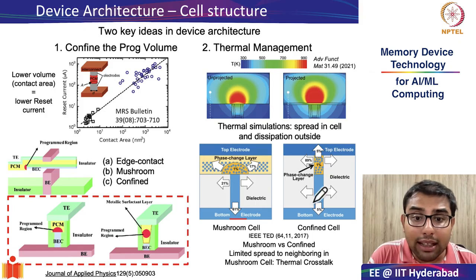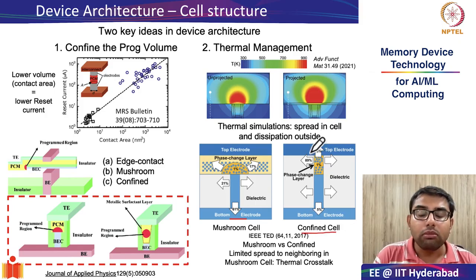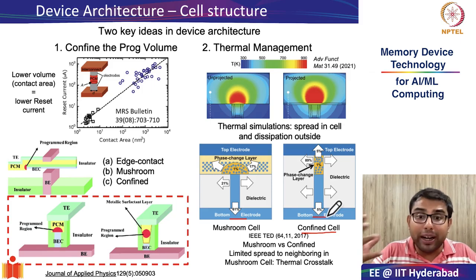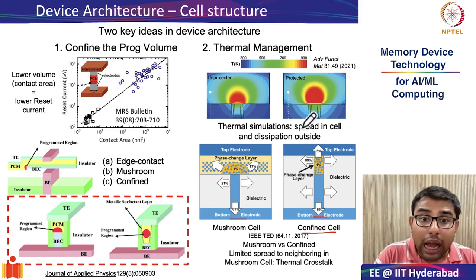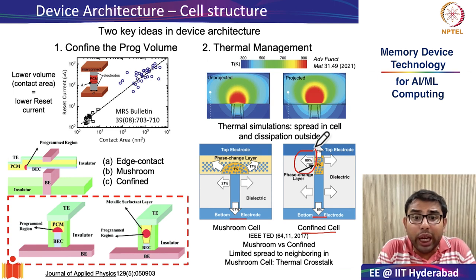Whereas in the confined cell, the amount of heat going to the bottom electrode, which is a metallic contact, is very little, and almost 90% of the heat is spreading into neighboring areas.